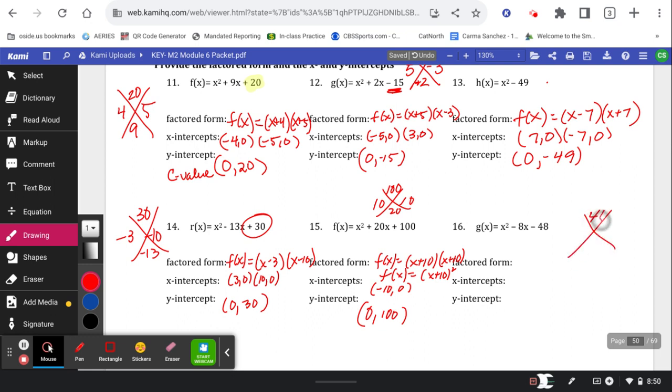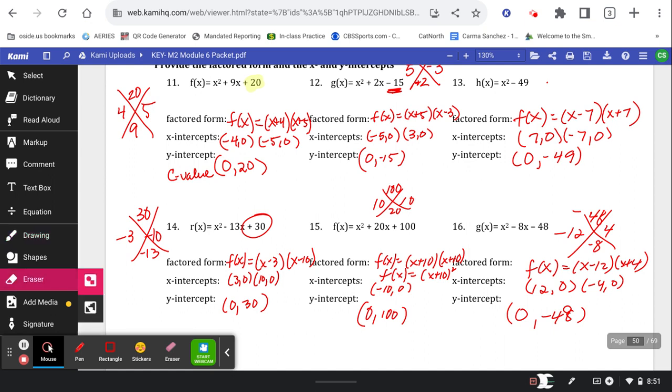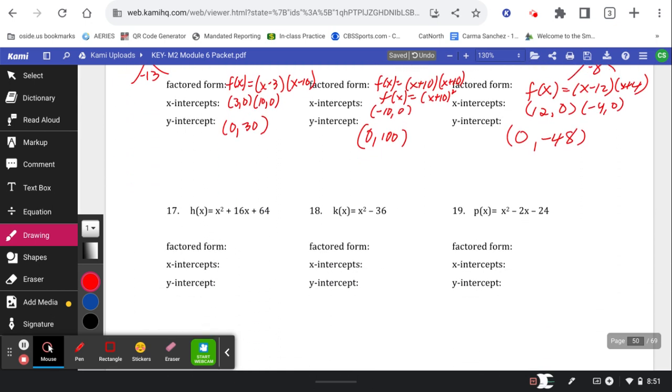Factored form, what times what is negative 48 and then gives me negative 8? 12 and 4, which one gets the negative? That means my factored form is x minus 12, x plus 4. That means my intercepts are positive 12, negative 4, the opposite signs, and my y-intercept would be 0, negative 48.